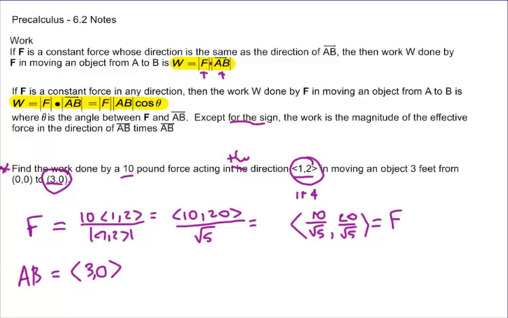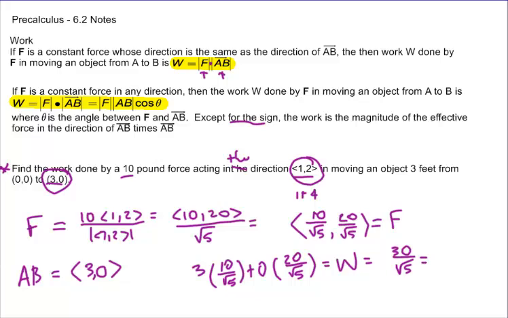All you're going to do is use the dot product: you're going to take 3 times 10 over the square root of 5 plus 0 times 20 over the square root of 5. This will equal your work. It looks like a horrible thing, but it's not that bad, which for this particular problem is 30 over the square root of 5.